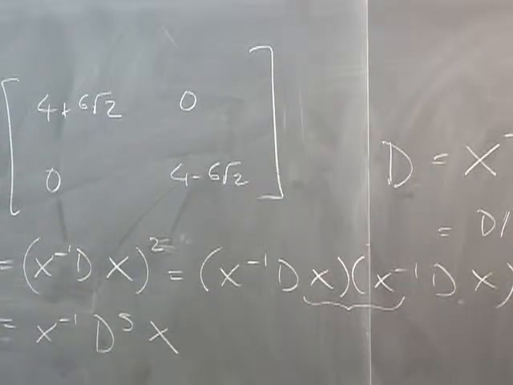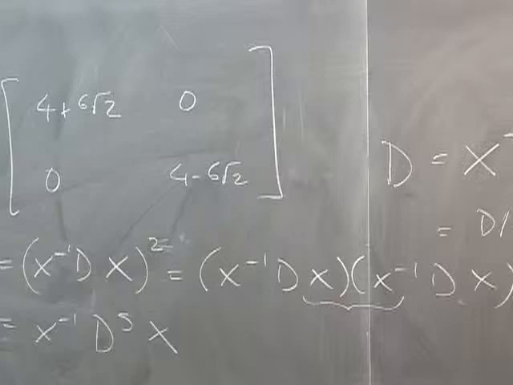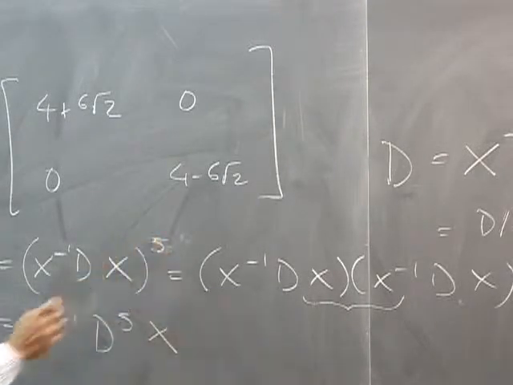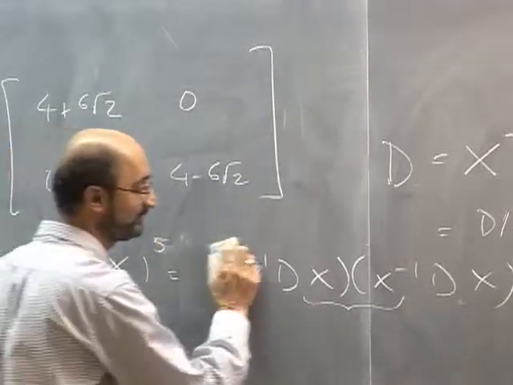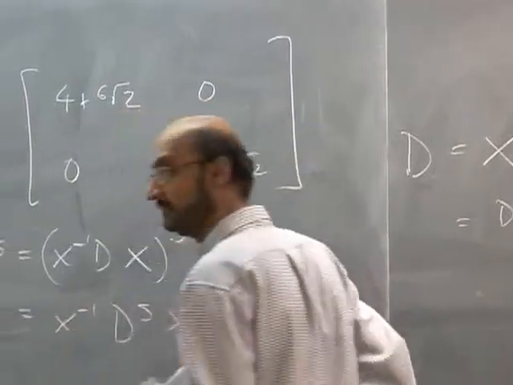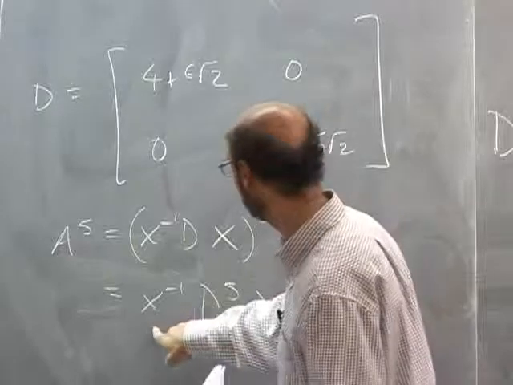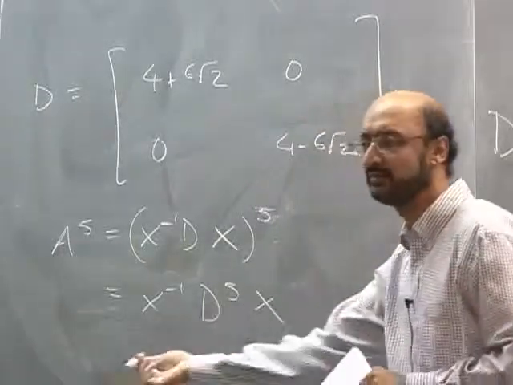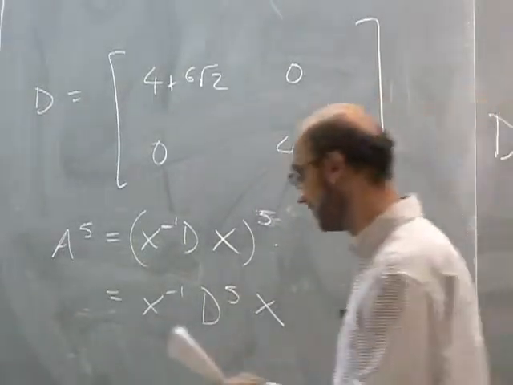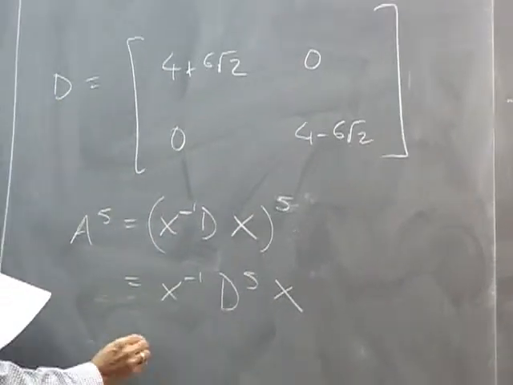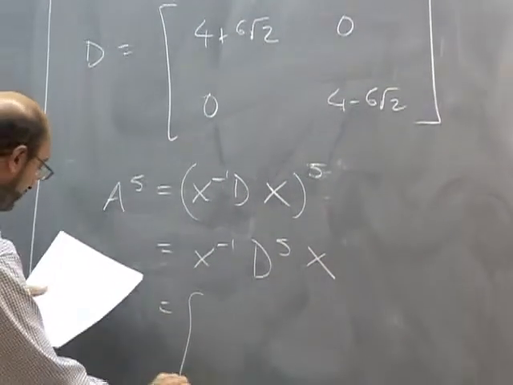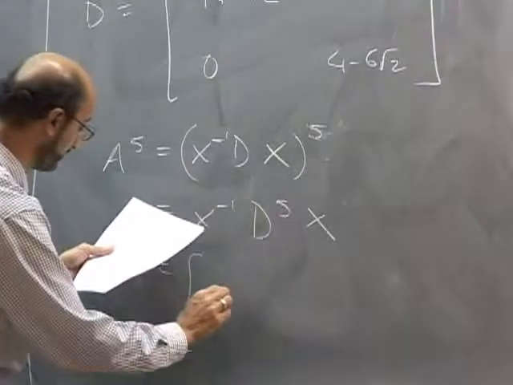And if you generalize that, this to the power 5 is going to be x inverse D to the power 5 x. Okay? And now I know what D is. I know what x inverse is. I know x. And so I can just plug it in here, and I get A to the 5 to be this horrible value, which I'm not even going to write down.